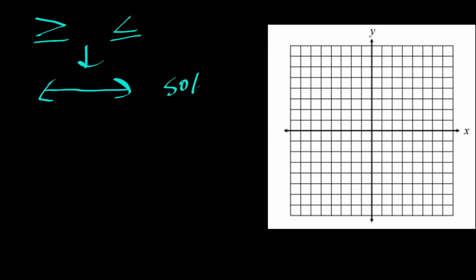If you see a greater than or equal to or less than or equal to, instead of a solid line, well, actually, I'm saying that backwards. We're going to use a solid line for those graphs, okay? So that one's going to be solid. Now, this is the one I was about to say.